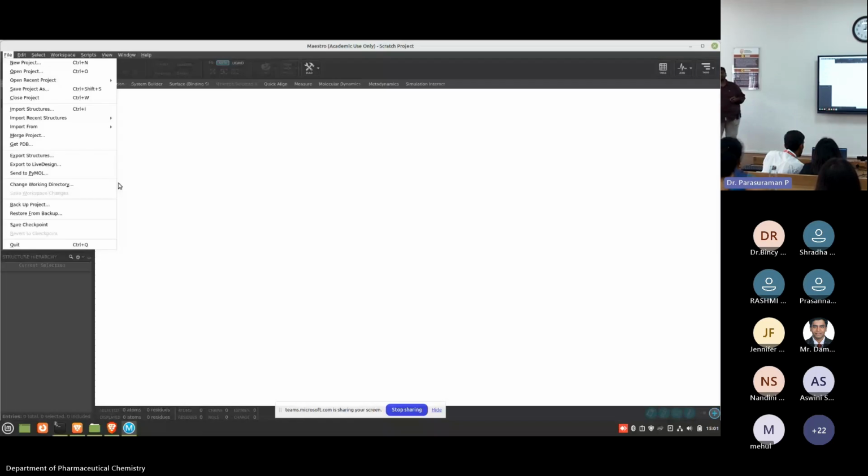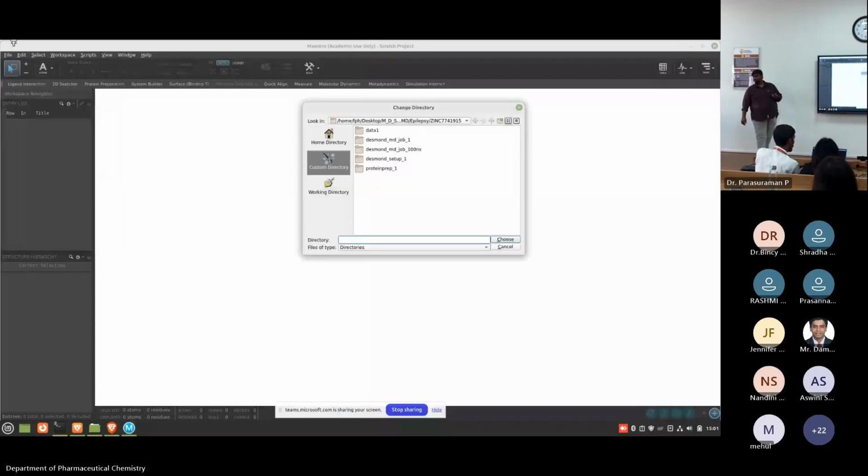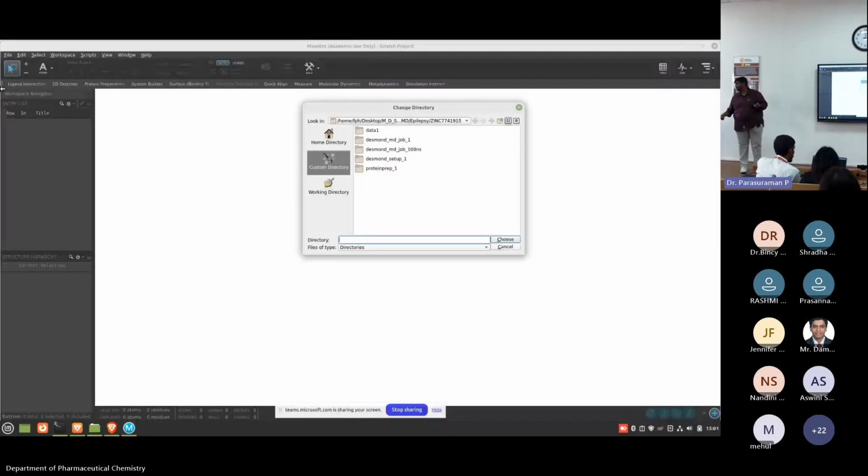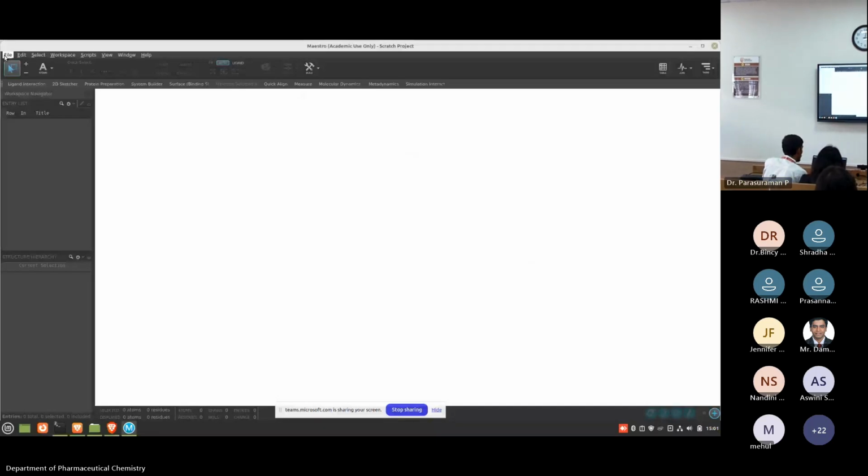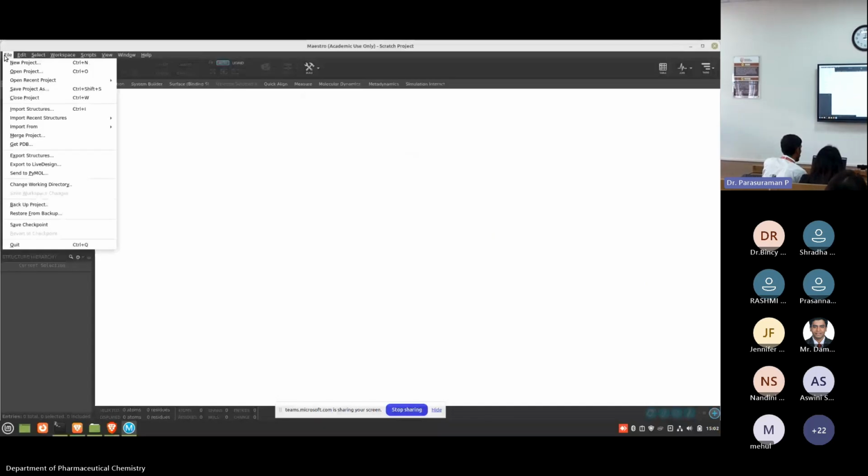There are two ways to open the complex. One is from the File tab, where you can see Import Structures.